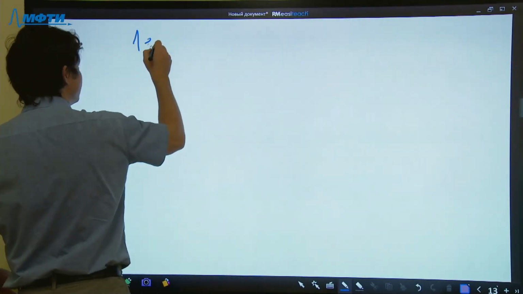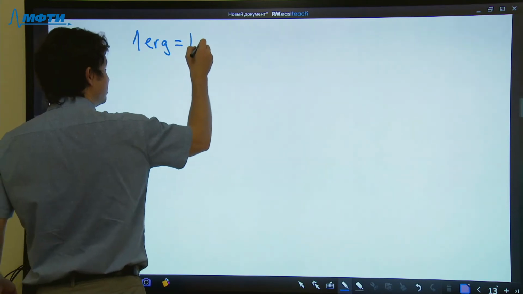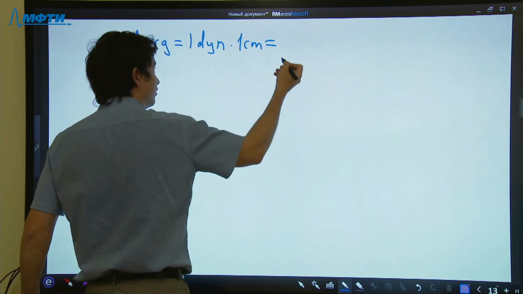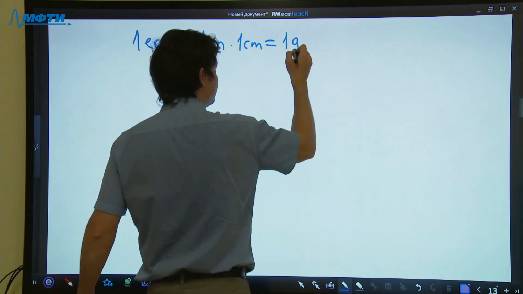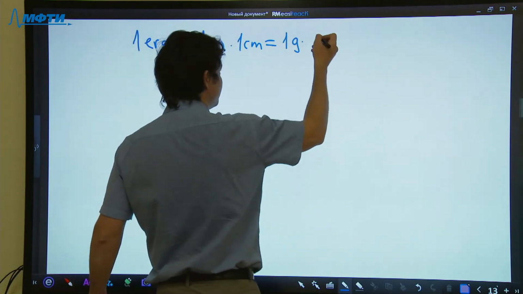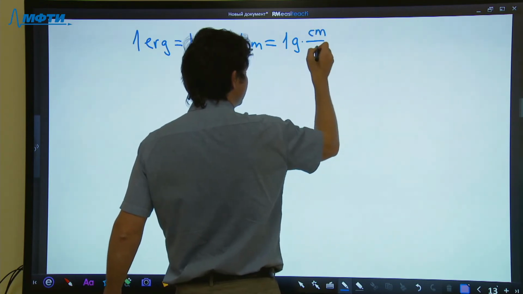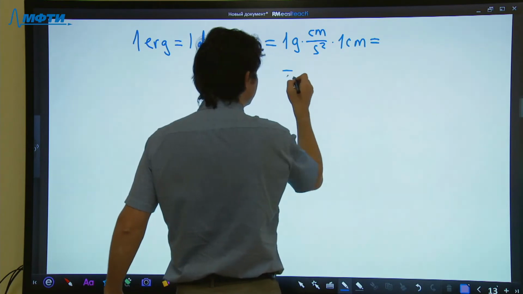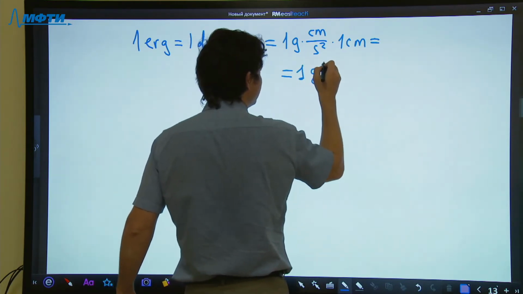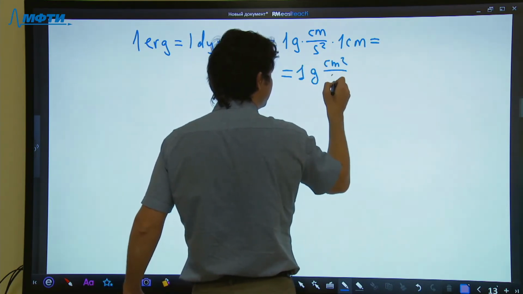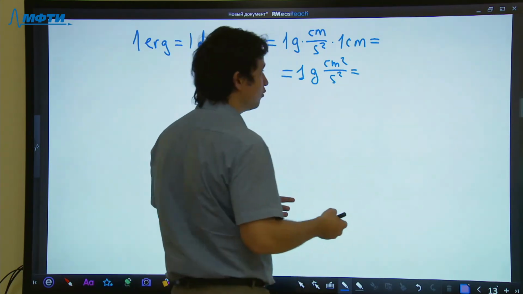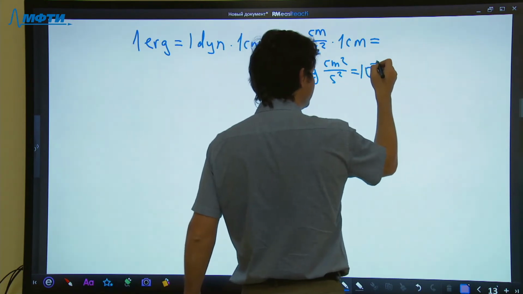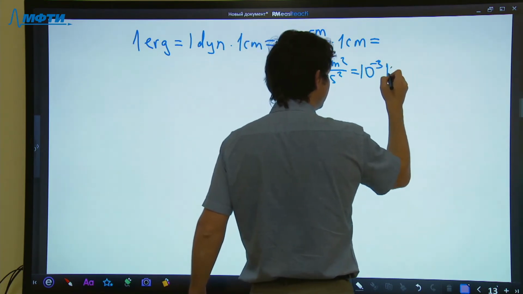1 erg is the product of 1 dyne by 1 centimeter. 1 dyne is the product of 1 gram per unit of acceleration, which is centimeter per second squared, multiplied again by 1 centimeter. So this is 1 gram centimeter squared over second squared. If I convert it into SI units, I need to convert grams into kilograms, which gives me 10 to the minus 3 of kilograms.